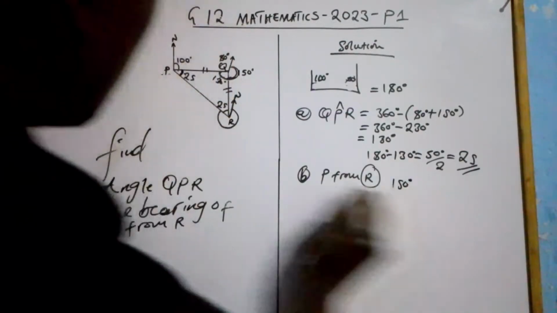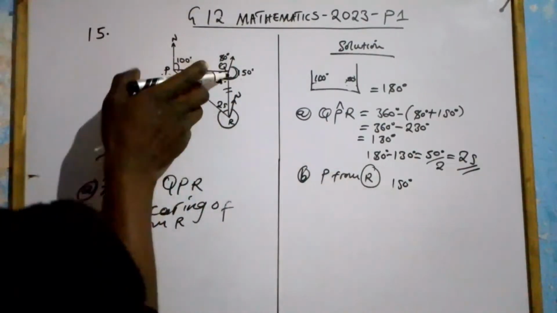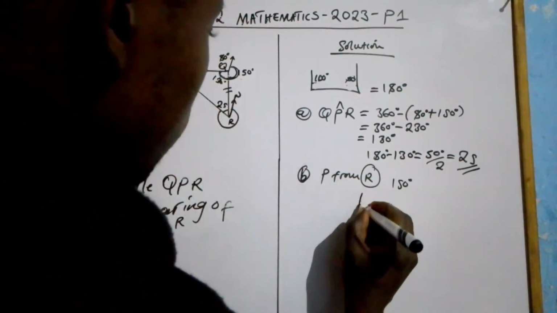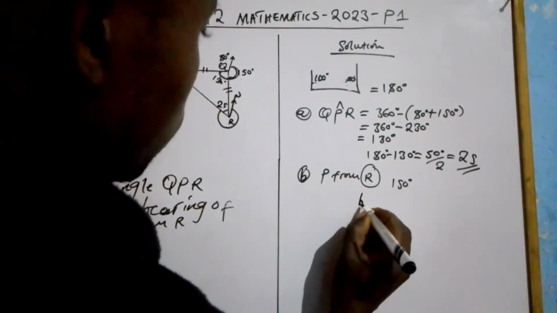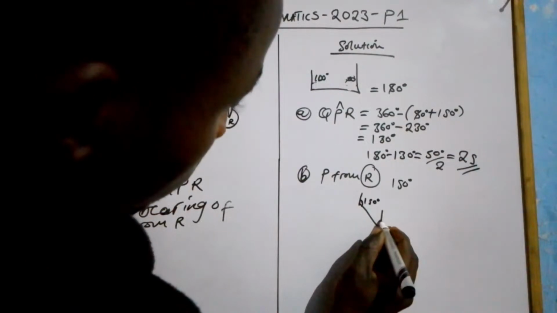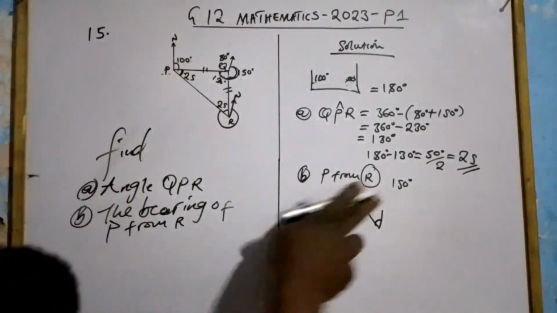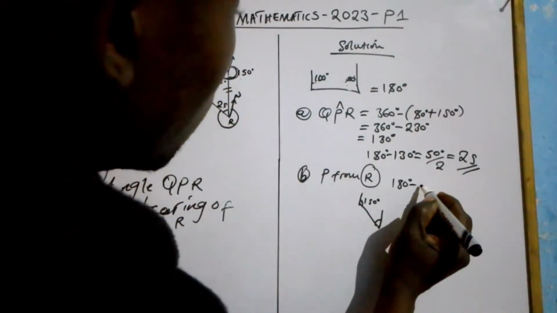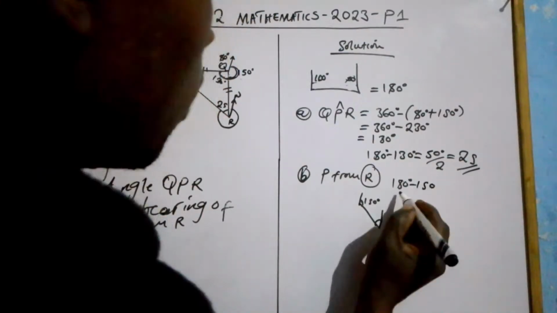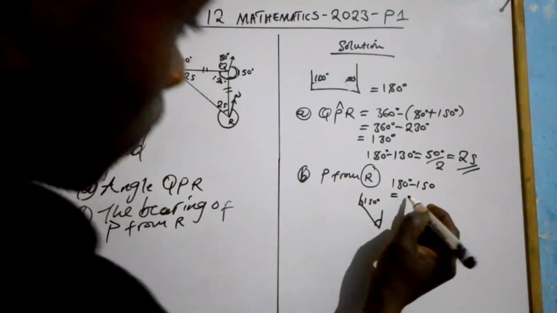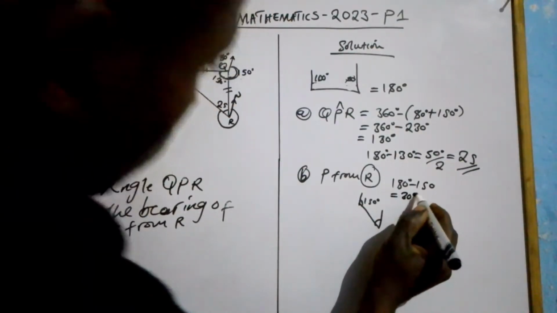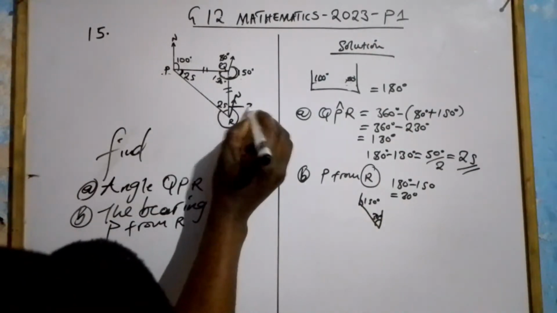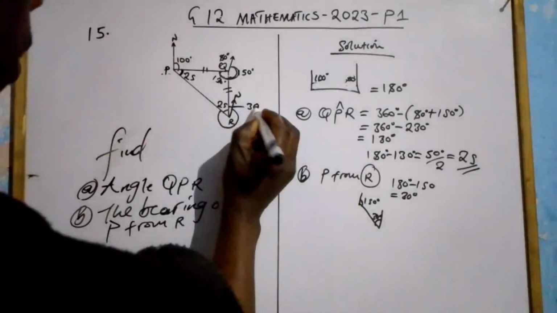Here what is remaining to add up to 180, you can say 180 degree minus 150. The answer you're going to get is 30 degree. So here there's the angle of 30 degree.